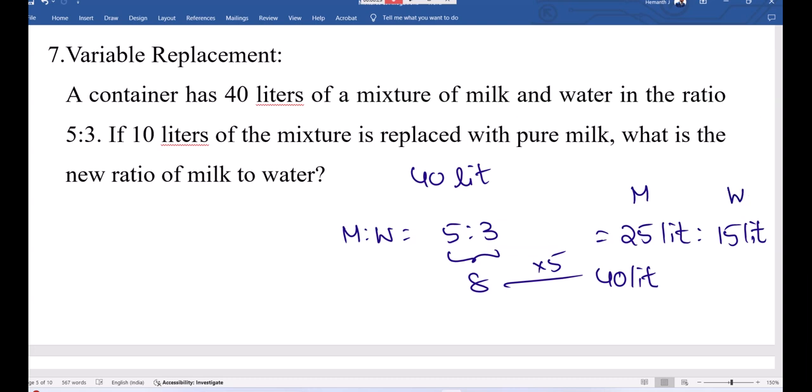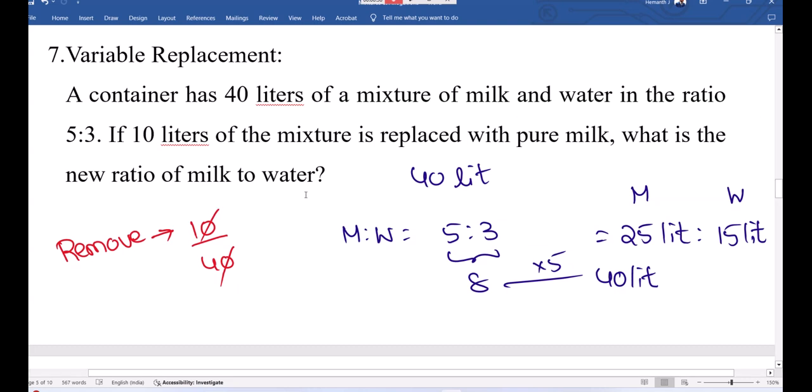Fine. Now 10 liters of mixture is replaced with pure milk. You are removing 10 liters. As the can has milk and water both, it is removed from both. Sir, how to remove that? See, very simple. You are removing 10 liters out of a total of 40. That means 1 by 4th of the milk will come out, 1 by 4th of the water will come out, then automatically 10 liters will be out.